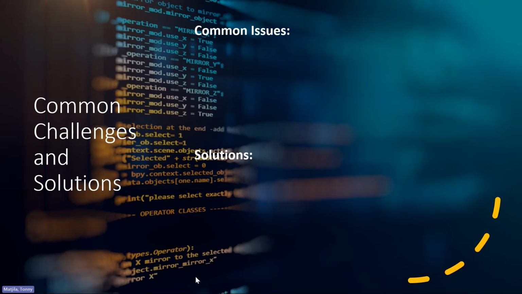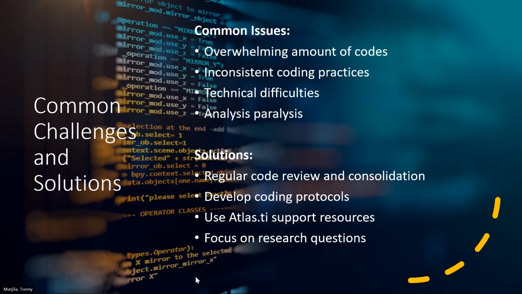Common challenges and solutions. Yes, with honors students, I think code proliferation is common. Most of the honors students will create too many codes. And at honors level, usually they don't expect you to have a big presentation of findings.